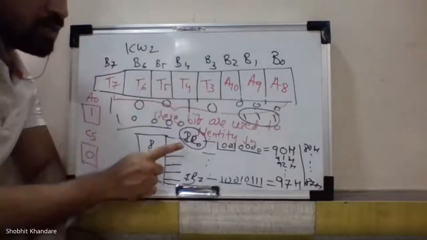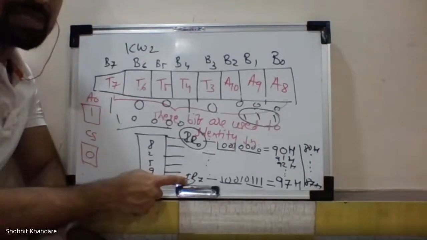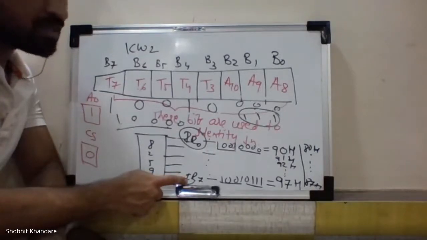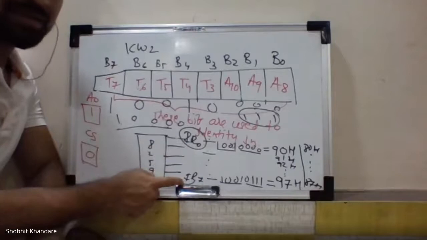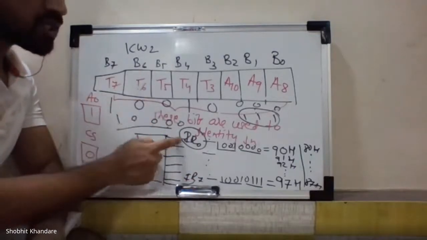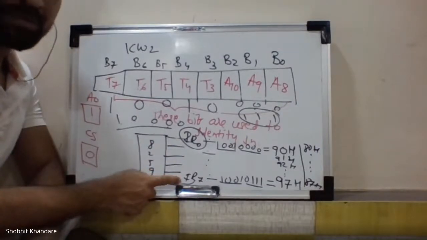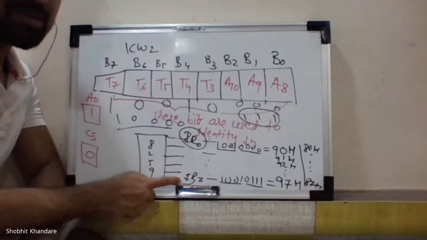See, all your interrupts, that is IR0 to IR7, they are programmed by the 8086. Okay, that means every IR0 to IR7, if there are 8 slaves, so each slave with IR0 to IR7 are associated with the interrupt type number. And how are these interrupt type numbers given?